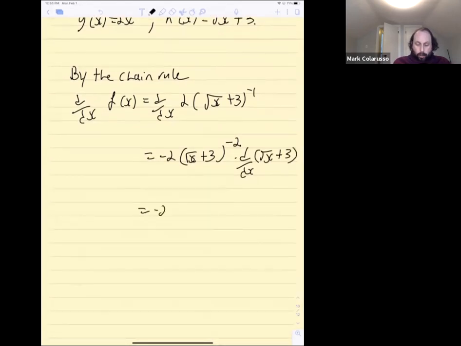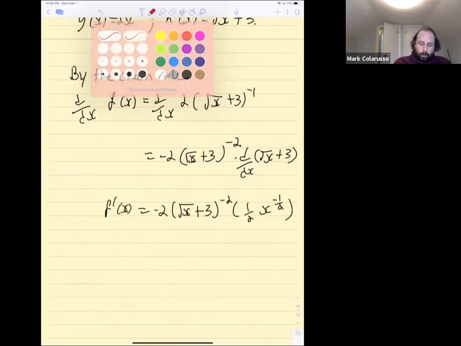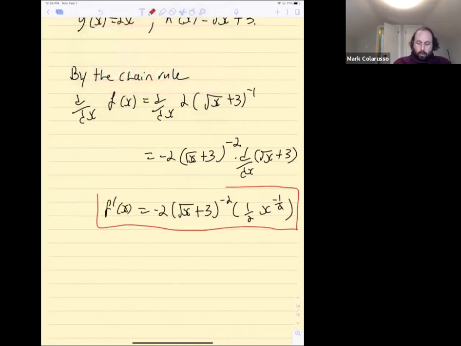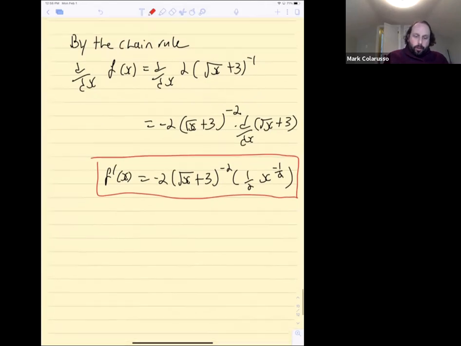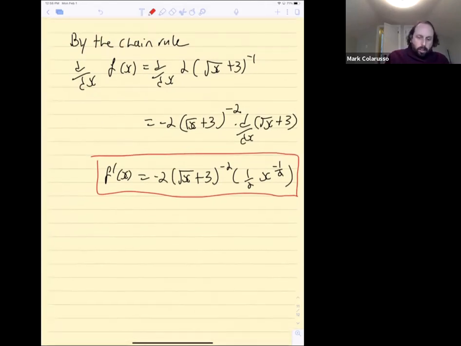So this is minus 2 times the root of x plus 3 to the minus 2, and then the derivative of the inner function, by the power rule, is 1/2 x to the minus 1/2. So this is f prime from the chain rule. Now we need to evaluate this at x equals 9.